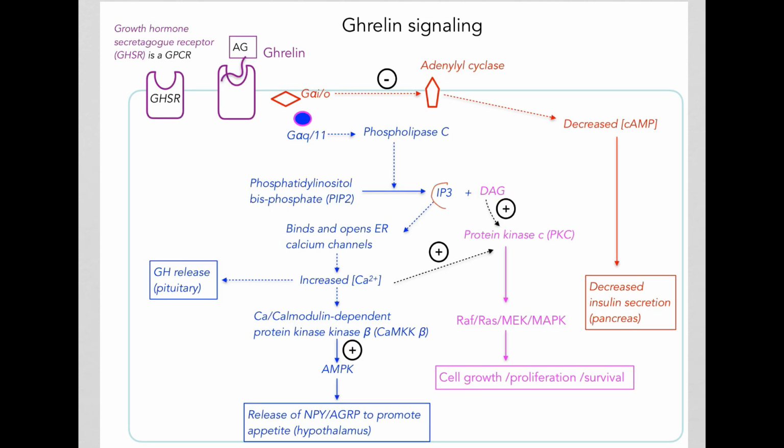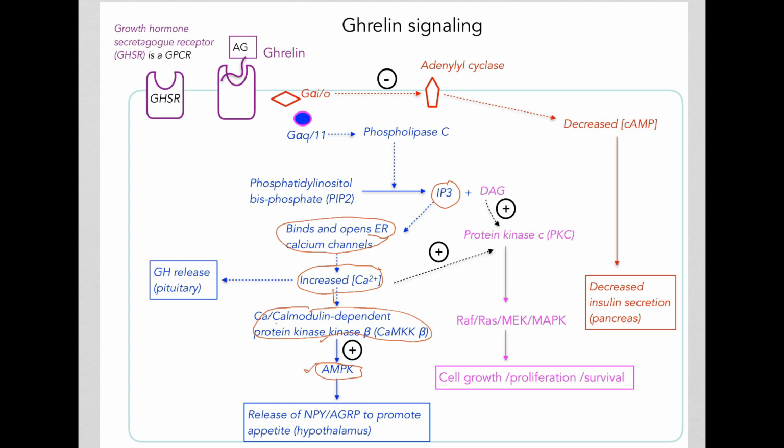This increase in IP3 will lead to the IP3 binding and opening calcium channels in the endoplasmic reticulum. And when these channels are open, calcium comes out into the cytoplasm. This increased calcium will go and bind a protein called CAMKKB or calcium calmodulin dependent protein kinase B, and this protein activation will lead to the activation of the enzyme AMP kinase.